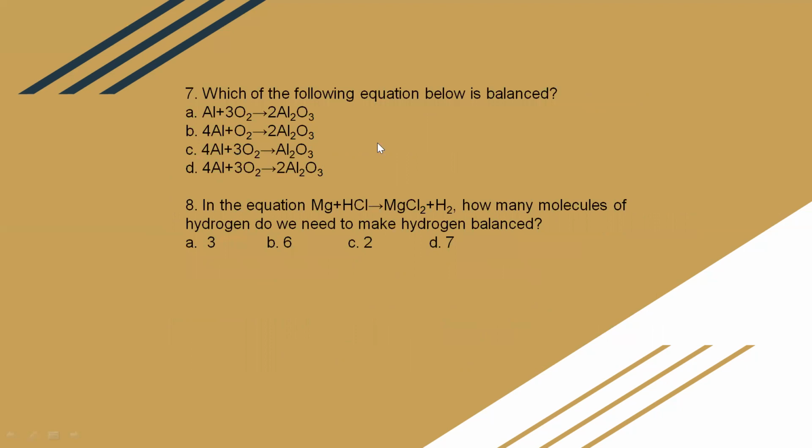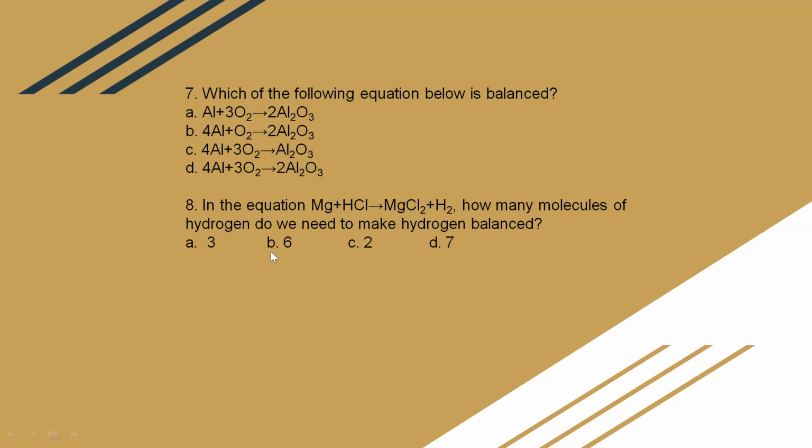Number seven, which of the following equations below is balanced? A, B, C, D. Number eight, in the equation magnesium plus hydrogen chloride reacts to form magnesium chloride plus hydrogen gas, how many molecules of hydrogen do we need to make the hydrogen balanced?